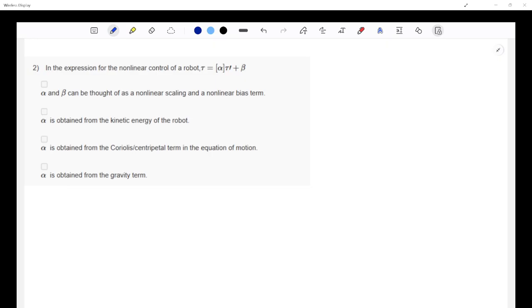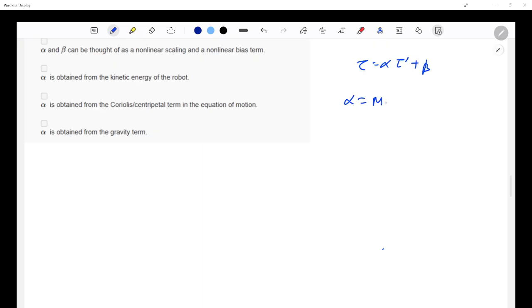Here you need to understand the physical meaning of the control law partitioning. So we already know this, right? What do alpha and beta represent here? We already saw alpha is M(q) and beta is C(q, q dot) plus G(q) plus F(q dot). So alpha is the mass inertia matrix, and it scales the acceleration into torque, because we see that it is always multiplied with q double dot.